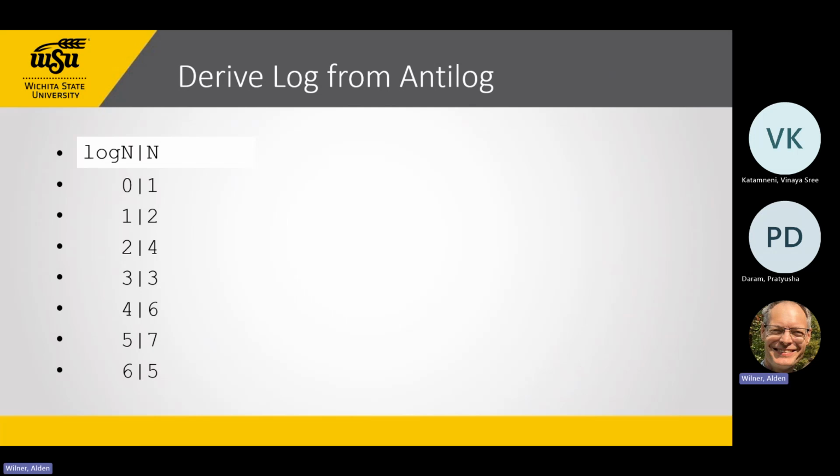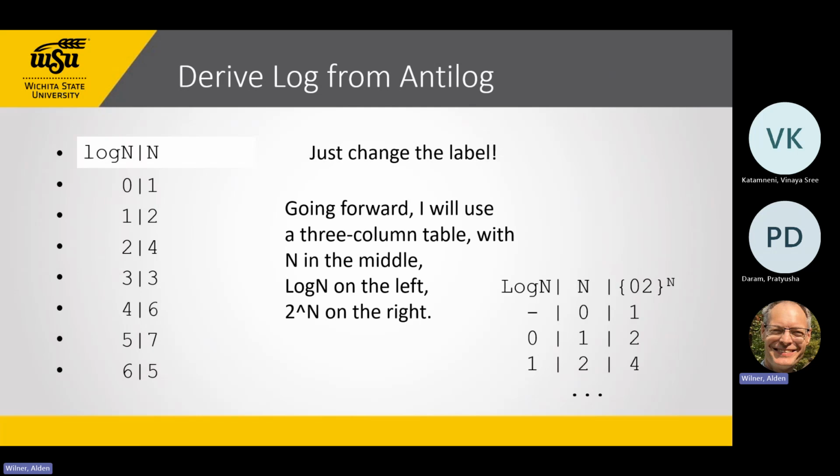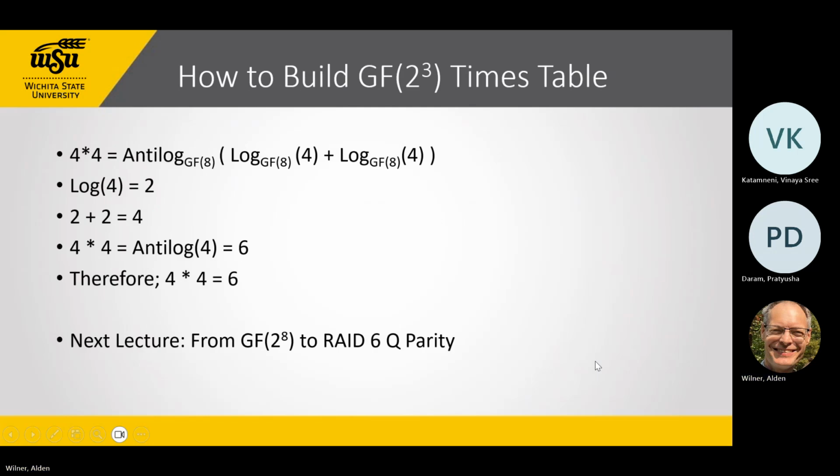Let's go backwards again. Un-change the label. 2 plus 2 is 4. The anti-log of 4 is 6, right? In our little table here, I don't have 4 and 6 in the middle here, but you can see. So 2 plus 2 is 4. 4 times 4, anti-log of 4, is equal to 6.